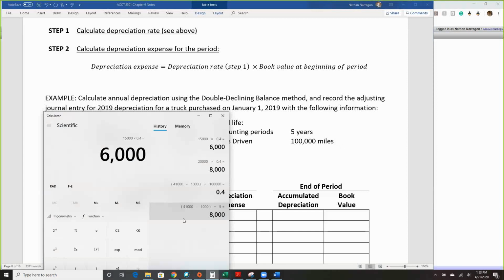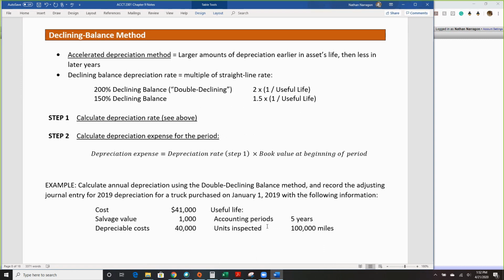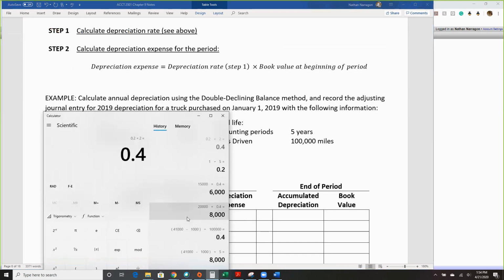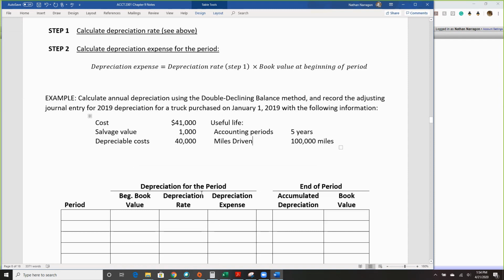So again, using our calculator, we have to find the straight line rate, which is 1 divided by 5. Again, 1 divided by useful life, and basically double it, so times it by 2. For us, our rate is 0.4 or 40%.